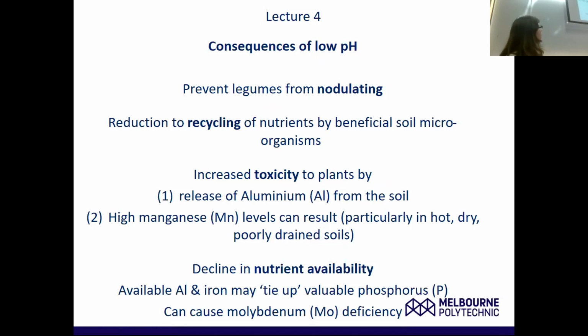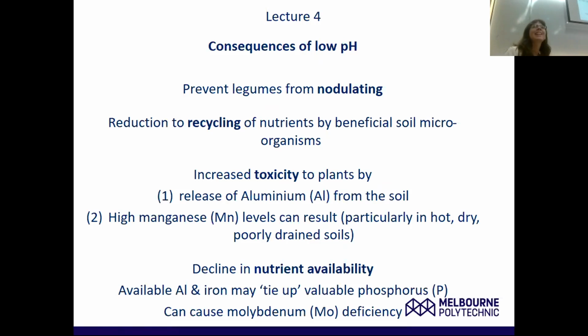When we say aluminium and iron, we sometimes refer to it as tied up. It's there in the soil, but because the pH is so low, it's not available to the plant. And if you ever hear people talking about nutrients being tied up, that's what they're referring to. It can cause molybdenum. Can you all say molybdenum?